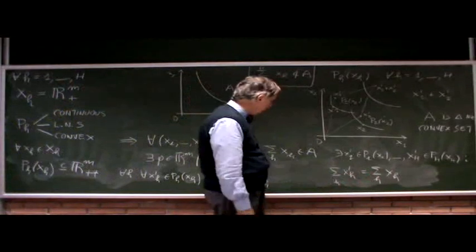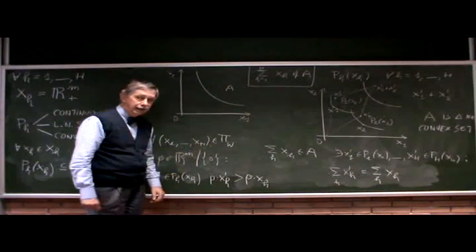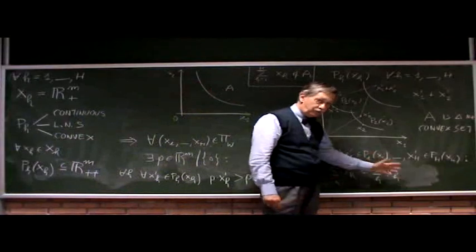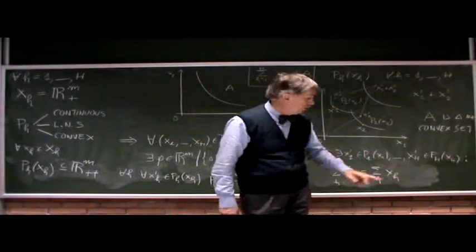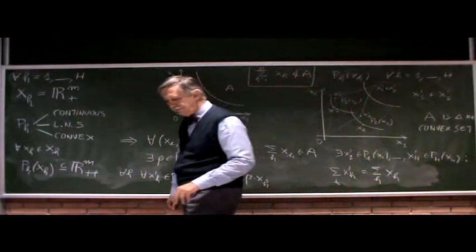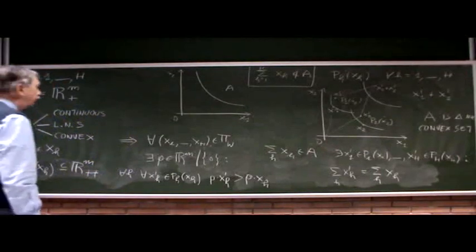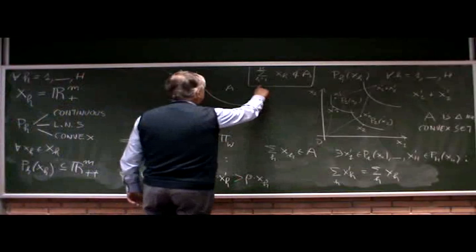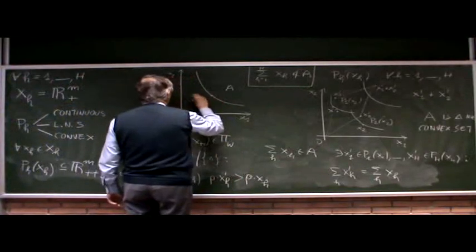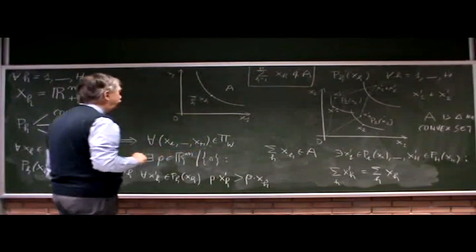No, because this tuple was a weak Pareto optimum. Here you would have a redistribution of resources which ameliorates the condition of every subject. Impossible, by definition of a weak Pareto optimum. Therefore, this point does not belong to A. By local non-saturation, however, this point is on the boundary of A.